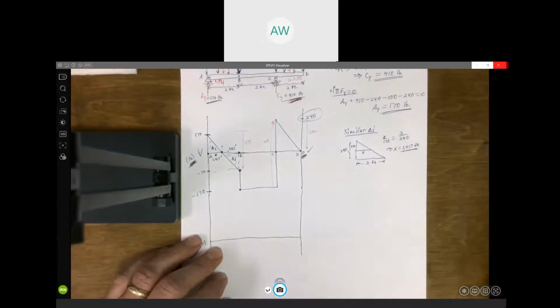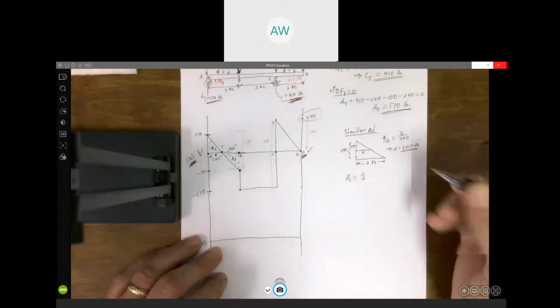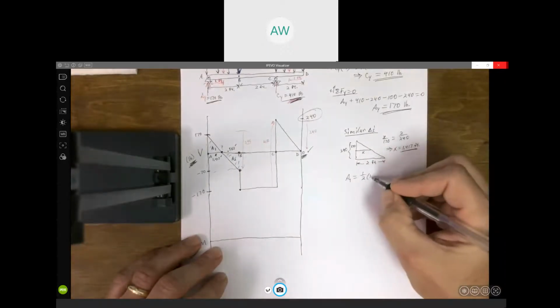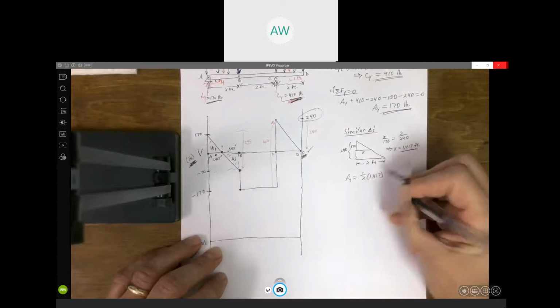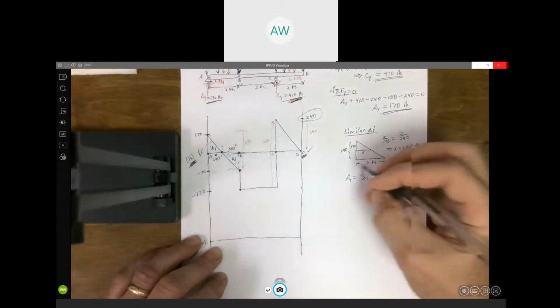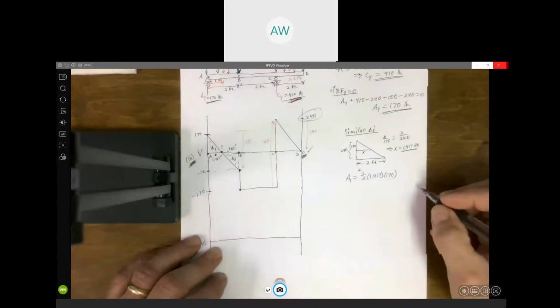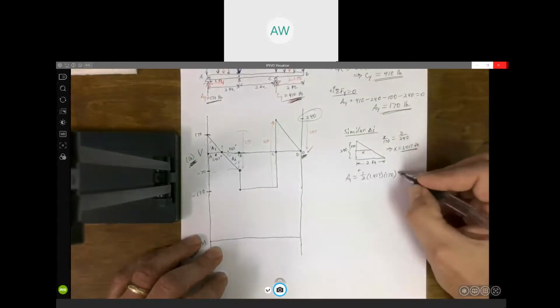All right, but now we can calculate our area. So I know A1, that's 1/2 base times height. Well, the base is 1.417. The height is 170. And this is positive, right? The moment's going to increase by this amount. I got 120.4.